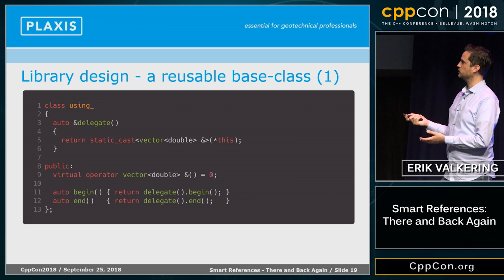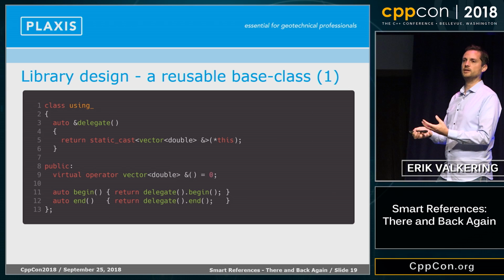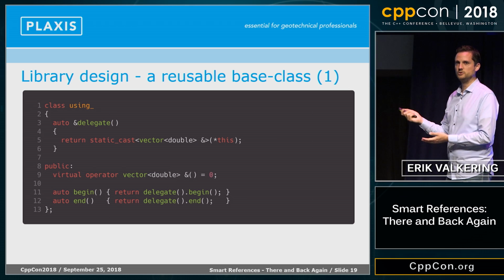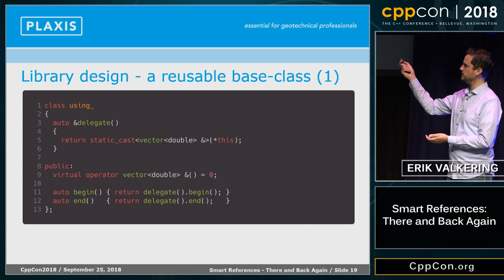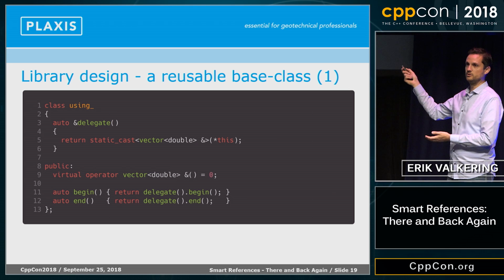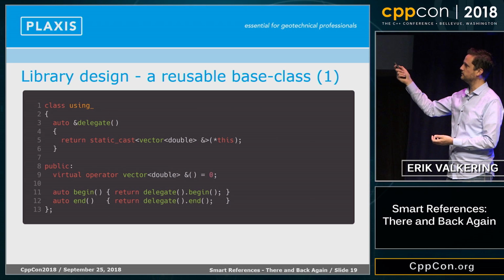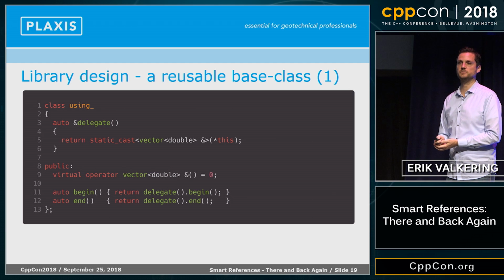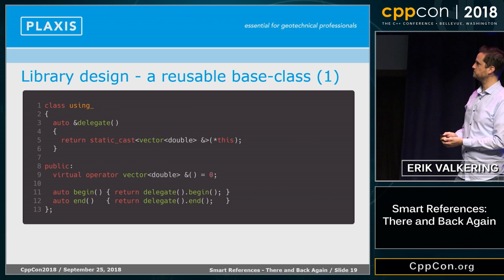So in order to give the proxy class a begin and an end function, what we can do is we define these two member functions in the using class, and then they simply delegate to the derived class by first calling delegate. And then in the delegate function, we trigger a conversion to the underlying type, to the delegate type, in this case, the vector.